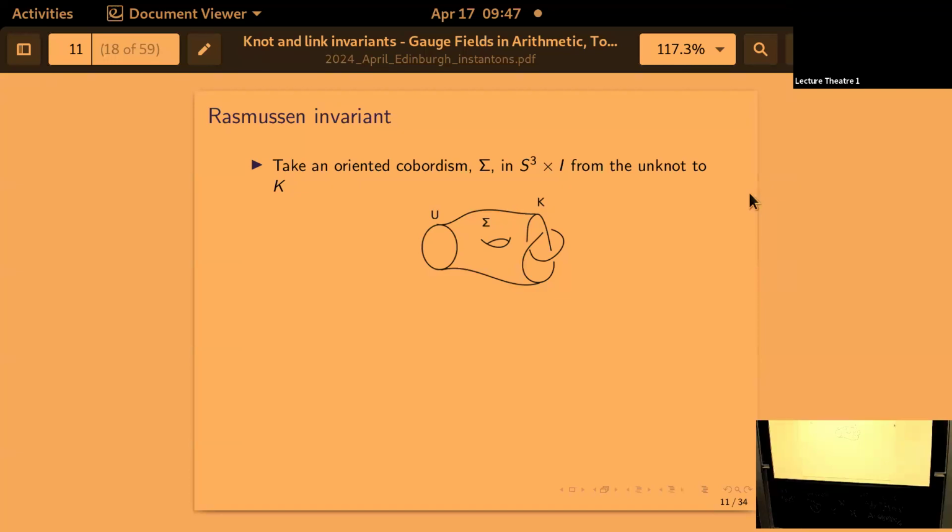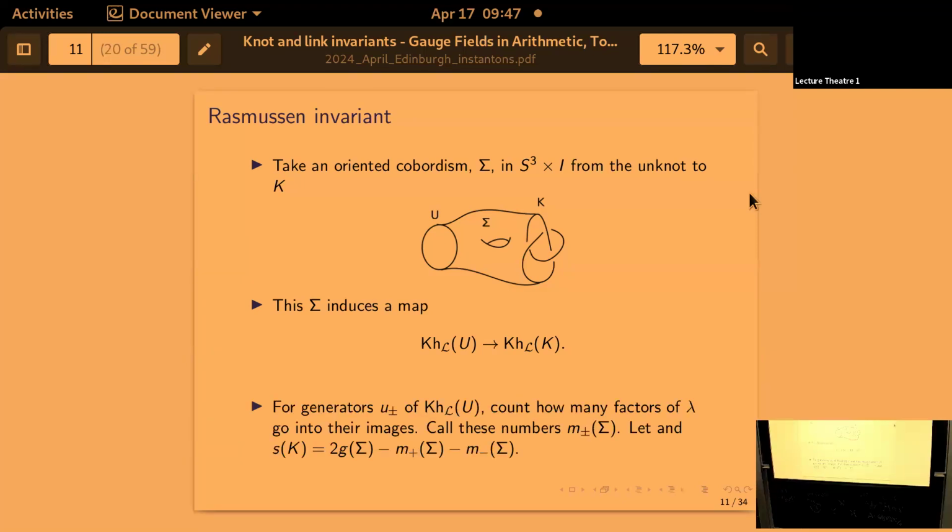Given a knot K and a cobordism from the unknot to K, this induces a map on Khovanov-Lie homology from the Khovanov-Lie of the unknot to the Khovanov-Lie of K. There are two generators of Khovanov-Lie homology of the unknot, and you look at where those two generators go, and then the Rasmussen invariant of K is going to be twice the genus of your surface minus the number of factors of lambda in the images of the two generators. So it measures how many factors of lambda you pick up.